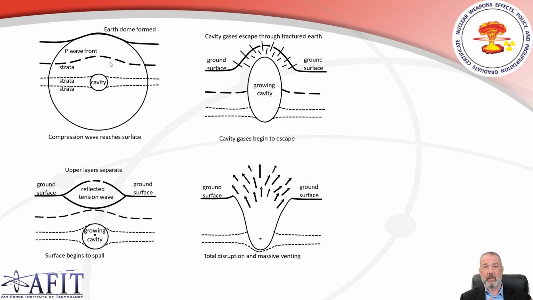Something else occurs too, and I want to point this out. We have our primary pressure wave that we've created by the expansion of our nuclear detonation, and this travels through the Earth, and this can damage underground structures. But we have another type of pressure that's transmitted through the Earth, and it's called air slap.